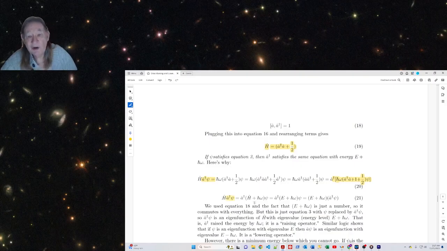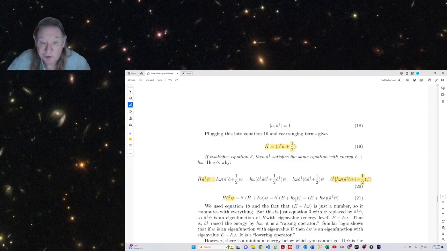I used equation 18, the commutator, and the fact that E plus ħω is just a number. It's an operator that just multiplies, and it's constant, so derivatives don't affect it. And what that means is that I can change the order. It commutes with everything. And so this is what I get.